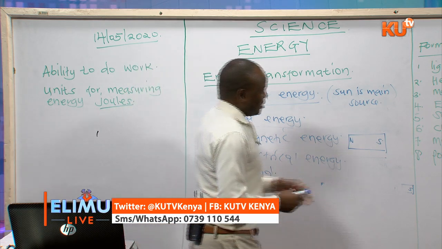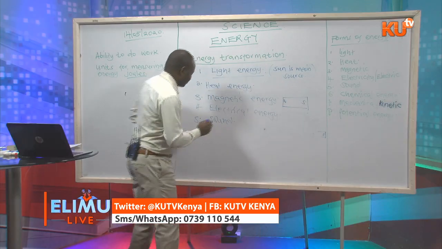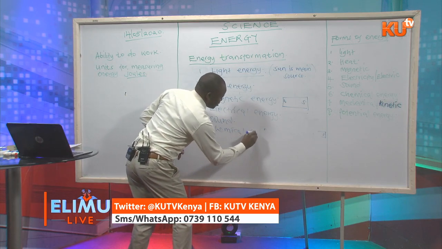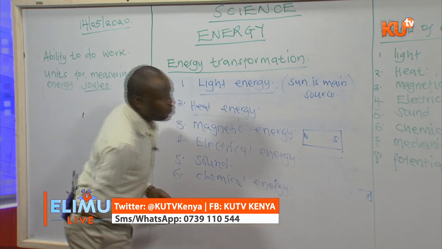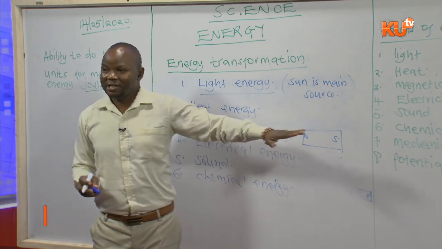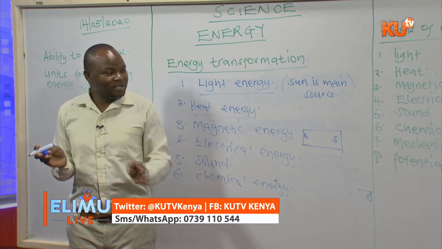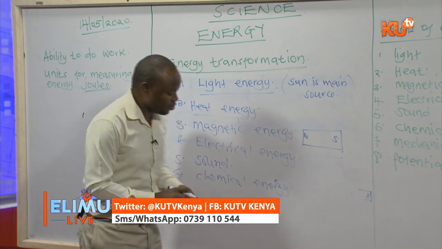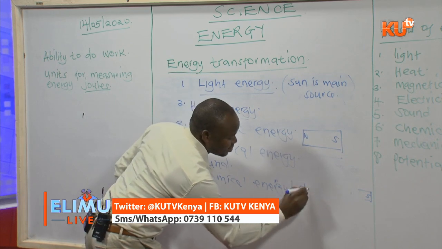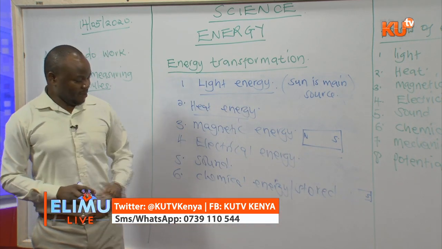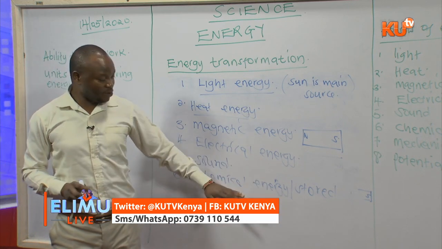Then, chemical energy. Chemical energy is the energy which is stored. It is also called stored energy. Energy which is stored is called chemical.